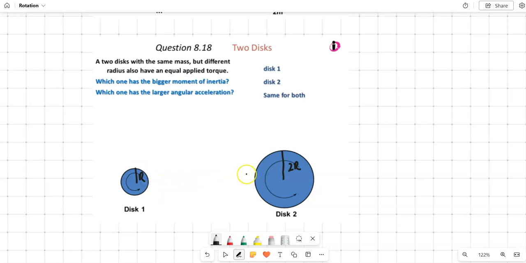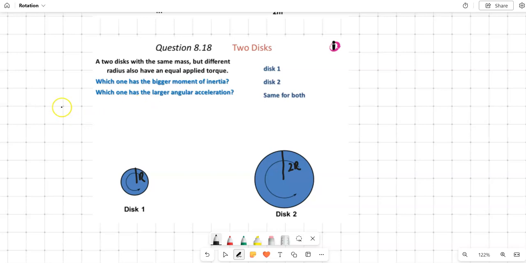But they have the same mass. Again, they have the same applied torque. And again, you're trying to figure out which one has a larger moment of inertia, and as such, which one will then have a larger angular acceleration. So go ahead and think about the problem, pause the video, come up with your answer, and then unpause the video and come back and we'll talk about it.